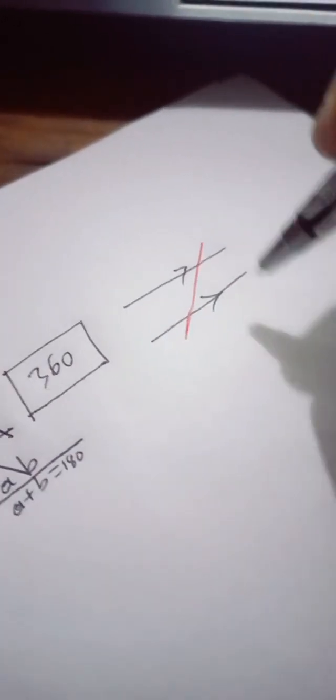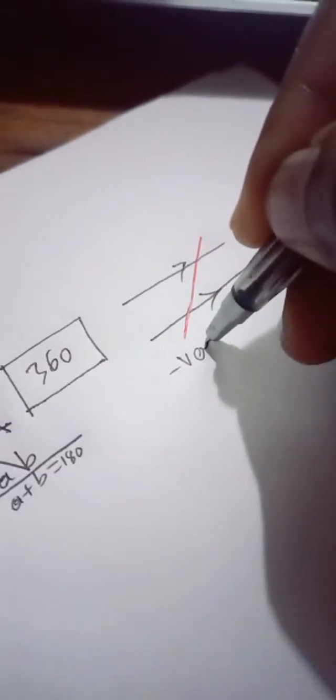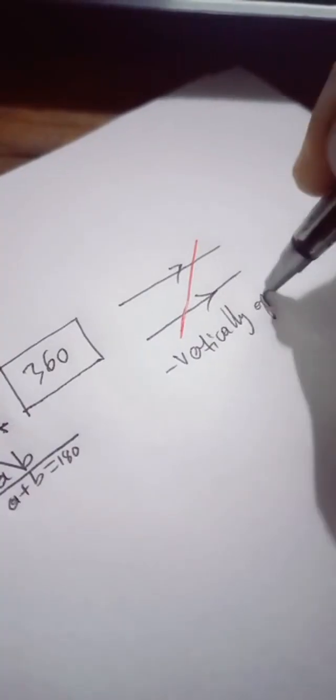I understand. So the moment you see this, right, you think of vertically opposite angles, right? Remember, vertically opposite angles are angles which are created on an intersection.